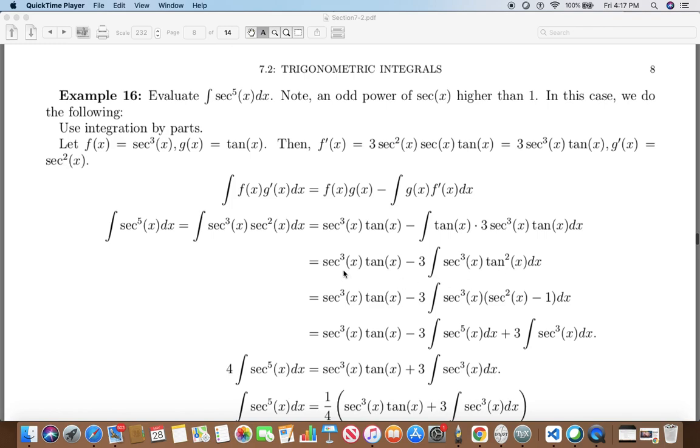Using an identity, tan squared is secant squared minus 1. So this becomes secant cube tan x minus 3 integral, I have secant to the 5th power. Again, a minus and a minus is plus 3 secant cube x.